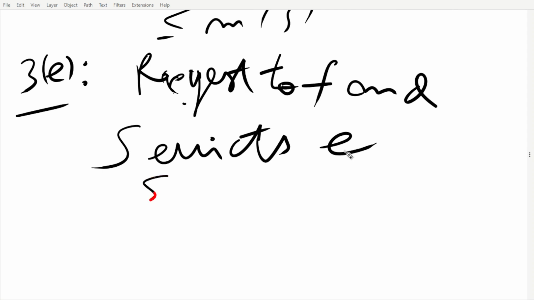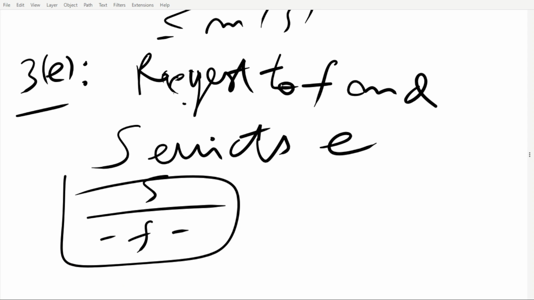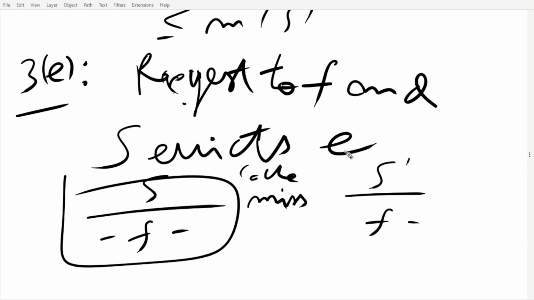For S, it has E, which is replaced with F, so here we have a cache miss, and for S prime it has nothing to do, it has a cache hit.